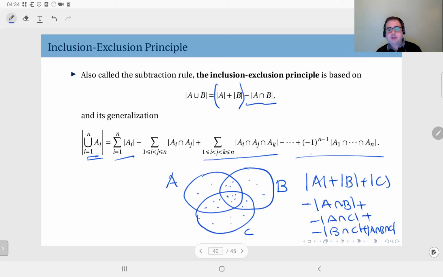This multiplier here is determined either -1 or +1, and finally you get the intersection of all of them.